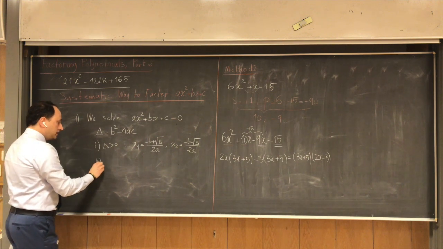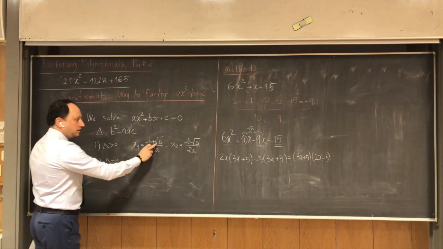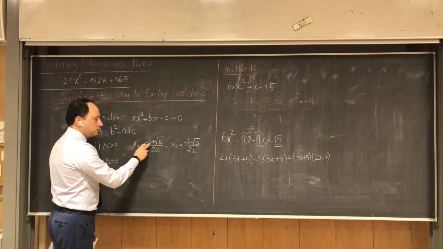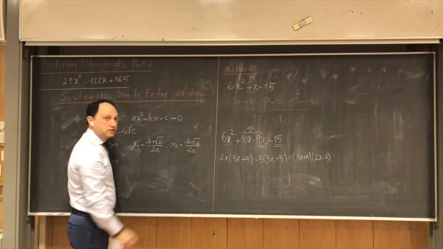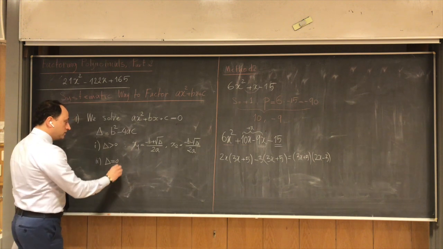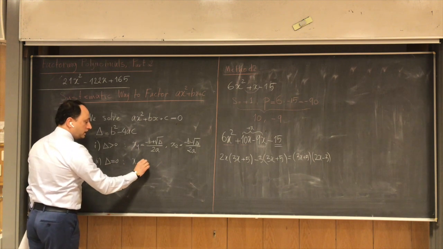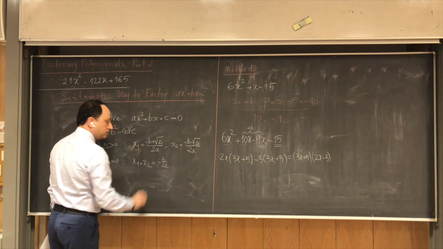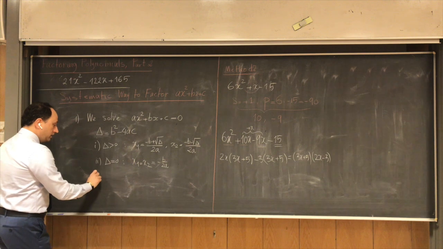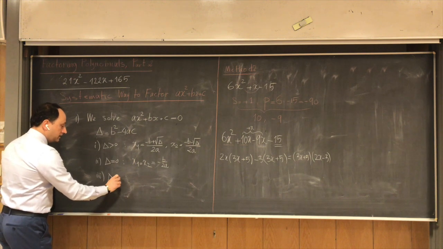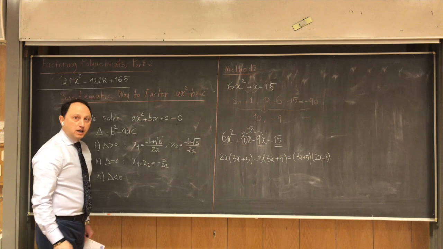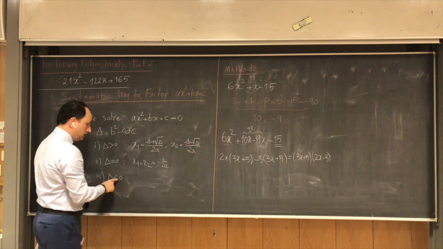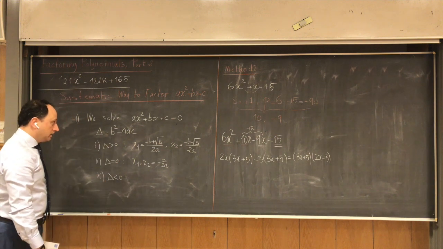And then, of course, you know that when delta is 0, square root of delta is also 0. So it doesn't matter if I write minus b plus 0 or minus b minus 0. They are all the same. So both roots, x1 and x2, are equal to the same number, minus b over 2a. And finally, if delta is negative, I will have two complex roots, because the square root of delta is a negative number, so I will have a complex number.